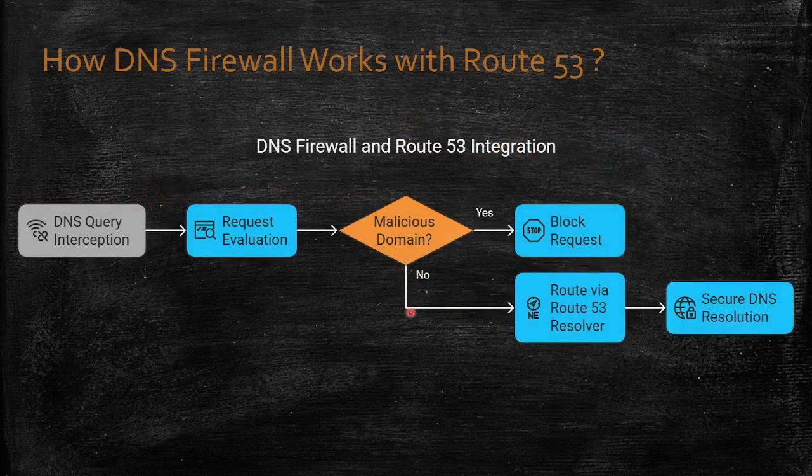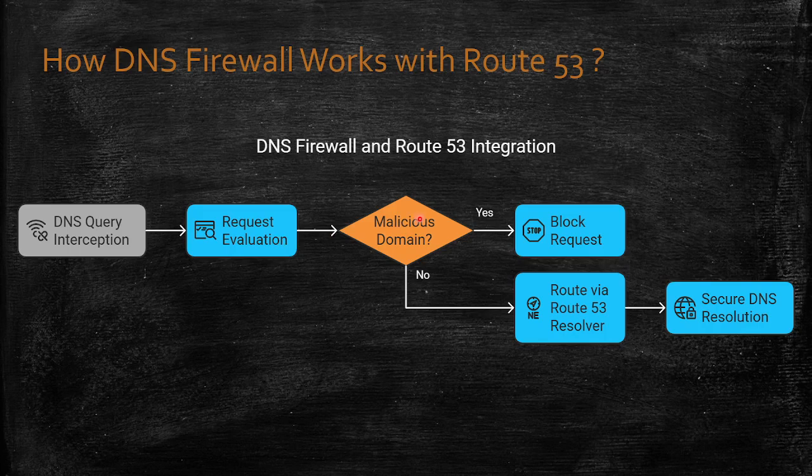How a DNS firewall works with Route 53. DNS firewall and Route 53 integration. Basically, any DNS query interception happening within your network gets requested from the servers. There are conditions checking whether the domain belongs to a malicious domain or not.